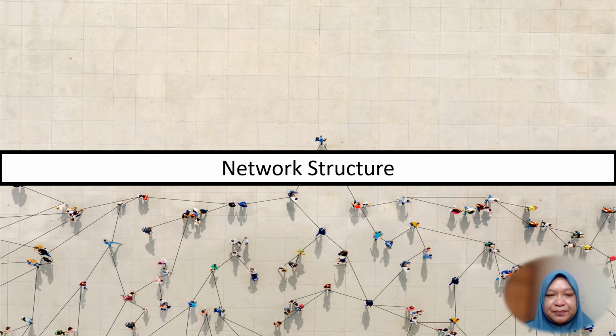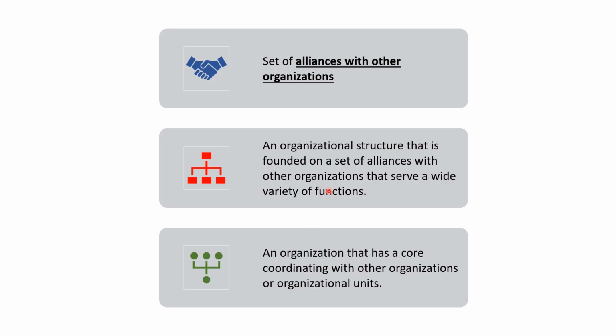And the next one is network structure. Network structure means a set of alliances with other organizations. It means that when you want to do the departmentalization, you need to have alliances with other organizations. Other organizations will act in your department.